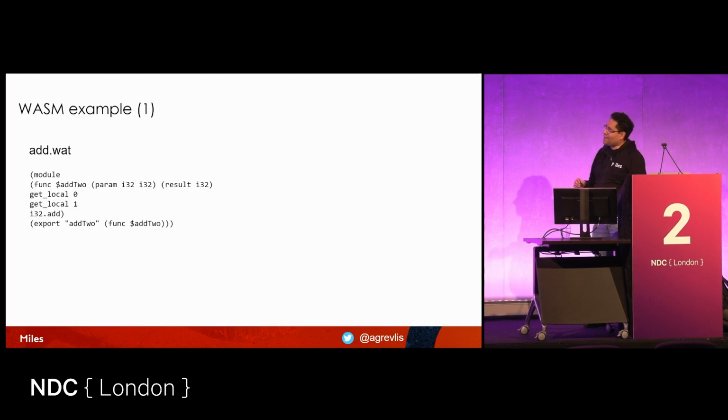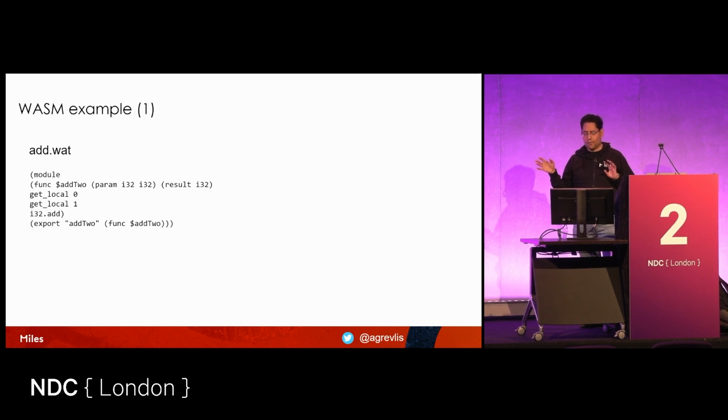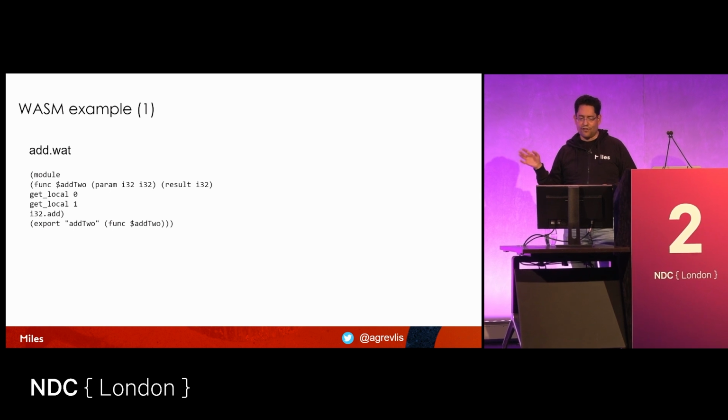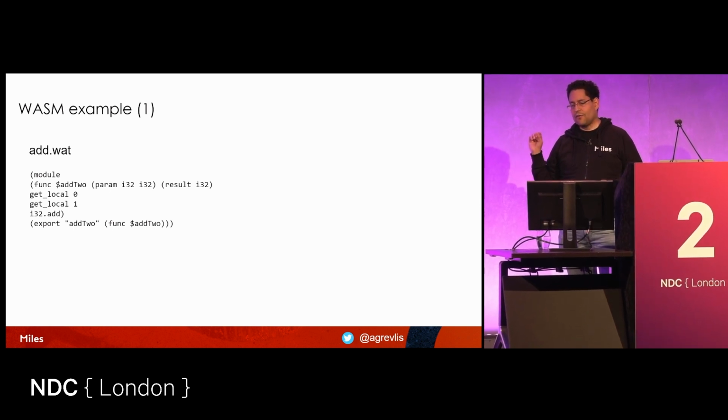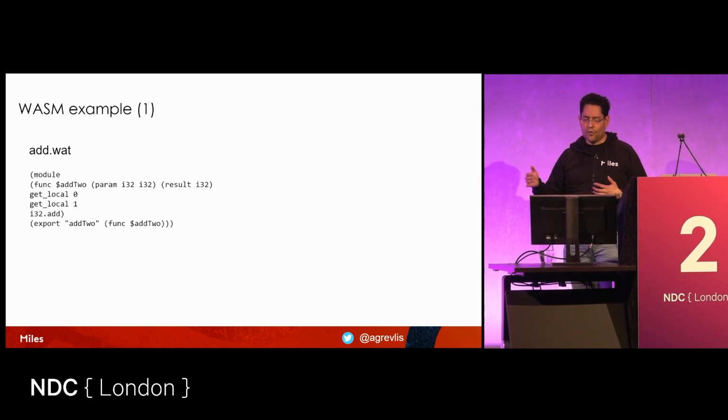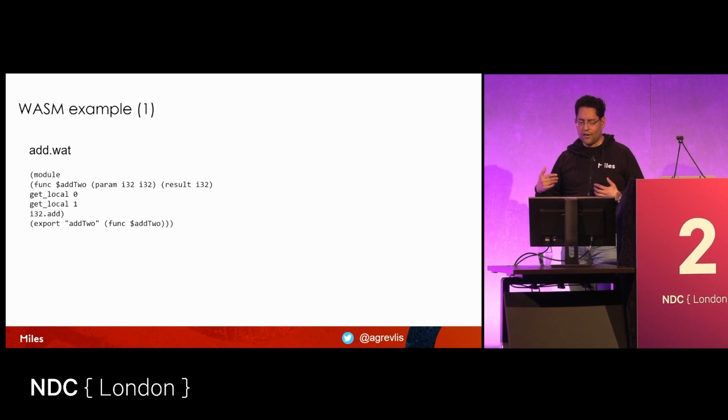In this example, there's a format called WAT, which stands for WebAssembly textual format. Here we first define a module, and then we define a function inside this module that we call add2. This function has two input parameters, two 32-bit integers, and the result will also be a 32-bit integer. WebAssembly is a stack-based language; you can pop and push on the stack.